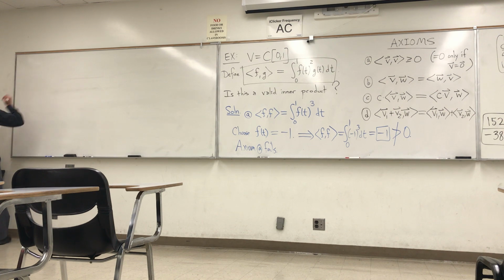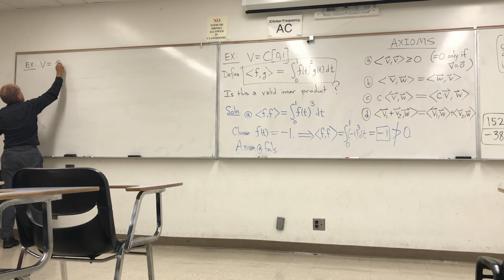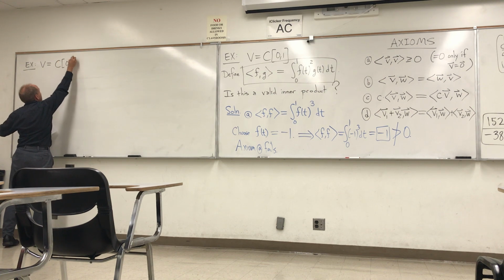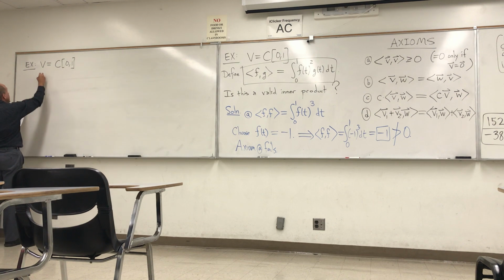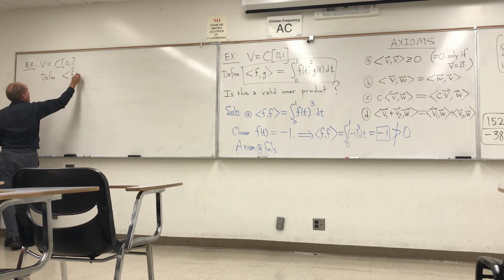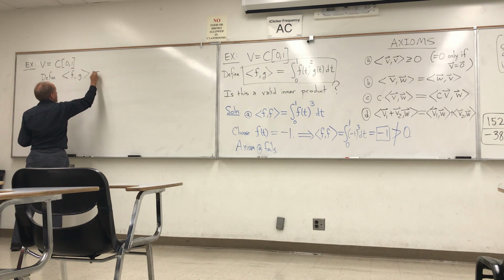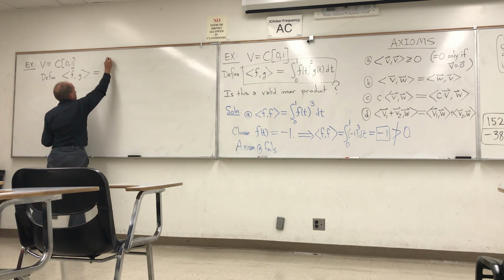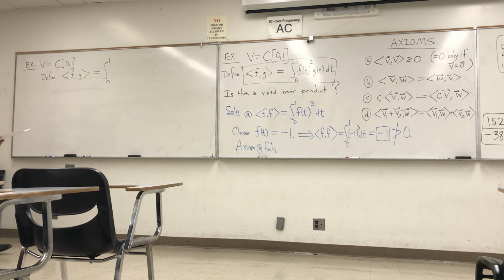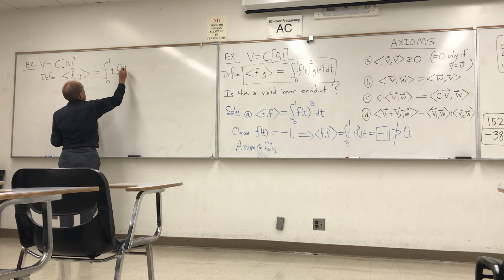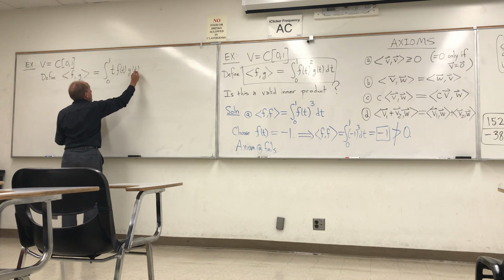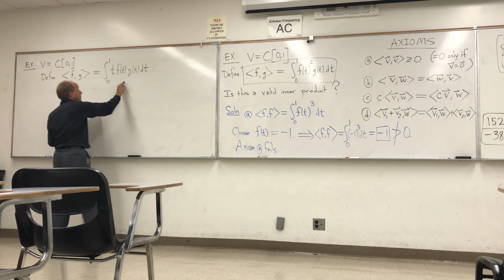Over here, so another example. Let's take V to be C of [0, 1]. And I'm going to define the inner product of f and g to be equal to, again, I'm going to use an integral from 0 to 1 of t times f of t times g of t times dt.